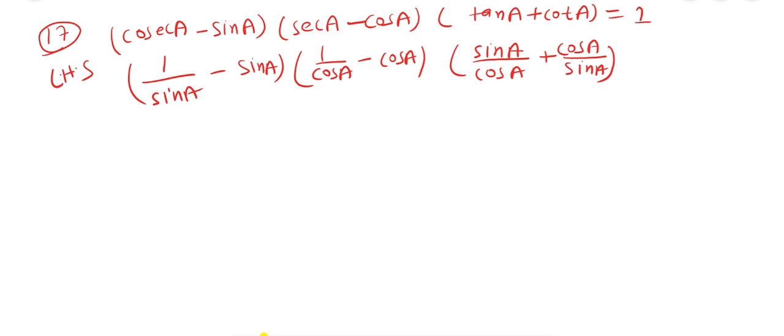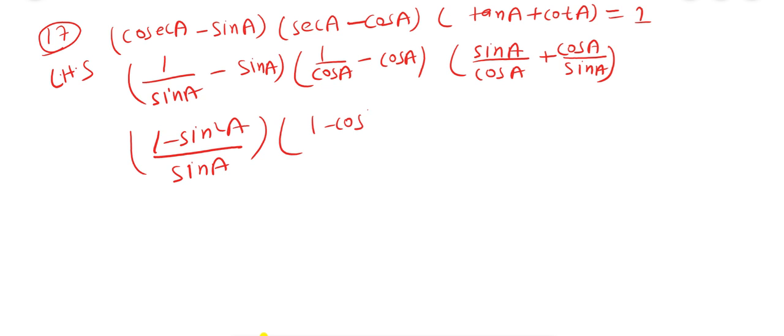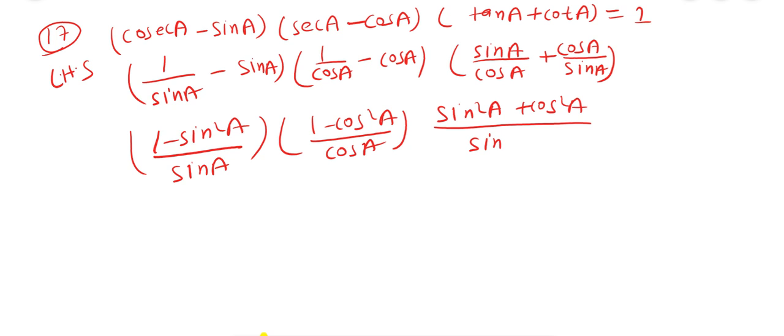Again, 1 minus sin square A divided by sin A, and 1 minus cos square A divided by cos A, and this is sin square A plus cos square A divided by sin A into cos A.